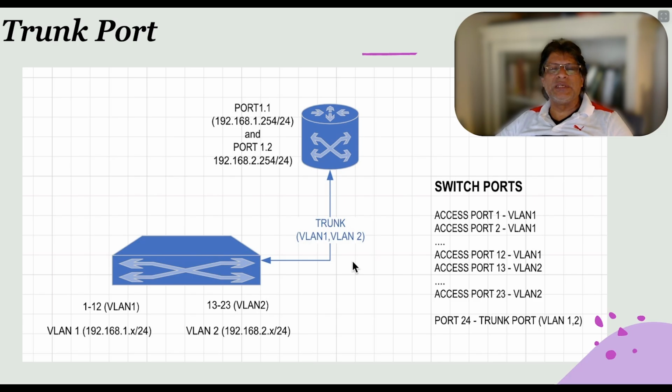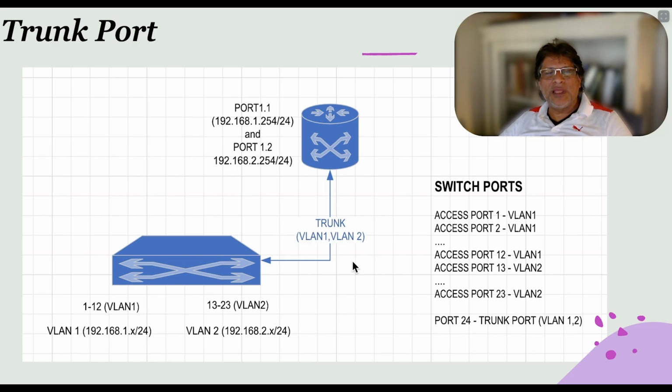However, you have the ability to configure some of the access ports to belong to a different VLAN. So here we show you the same configuration we were discussing, in which ports 1 to 12 belong to VLAN 1, and ports 13 to 23 belong to VLAN 2.